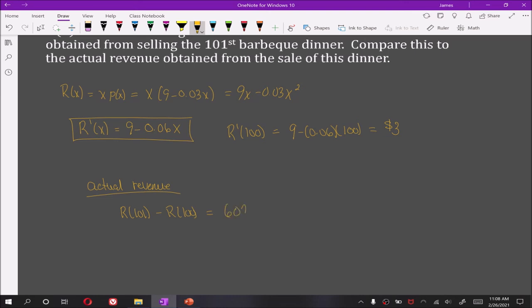This gives 602.97. r of 100 is 600. So the actual extra revenue from selling the 101st barbecue dinner would be $2.97. So you can see that this r prime is a really, really good estimate.